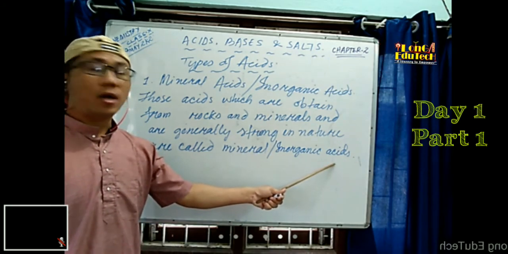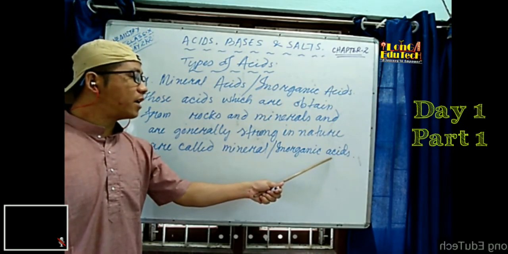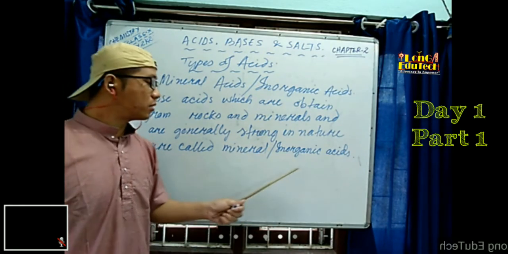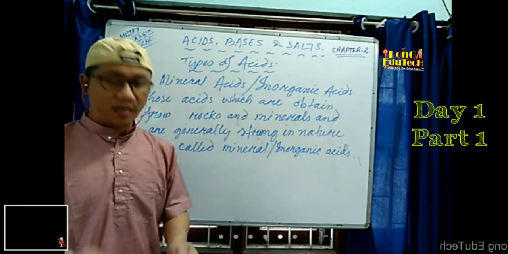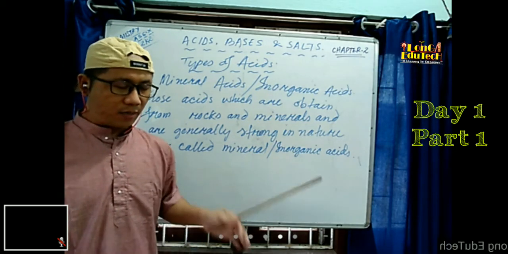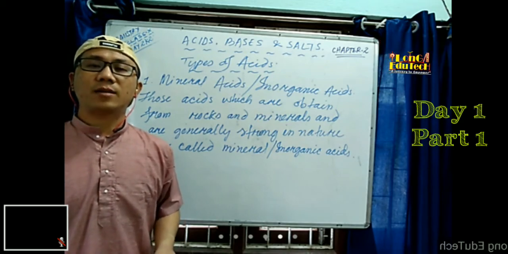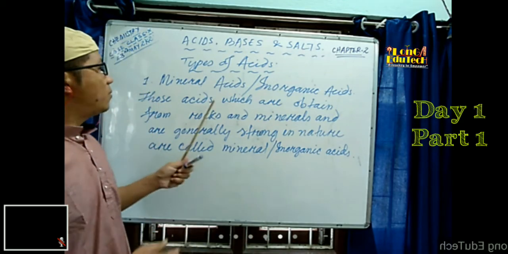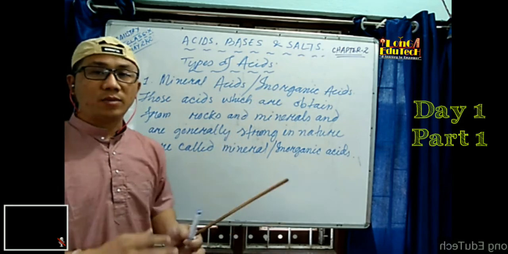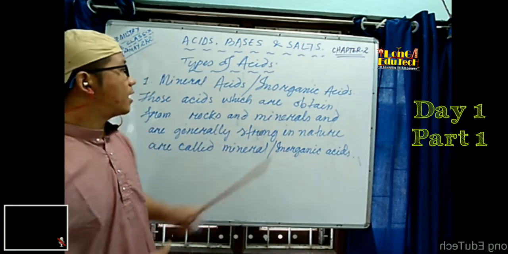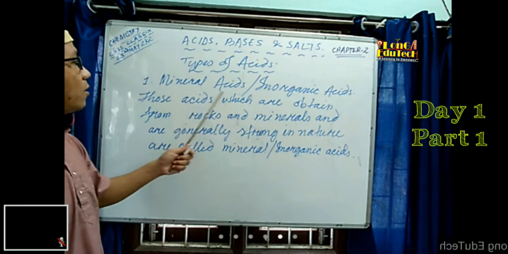In the rocks and minerals, there are many compounds mixed together, so from those compounds this kind of mineral or inorganic acid can be synthesized. That's why they are given the name mineral or inorganic acids.